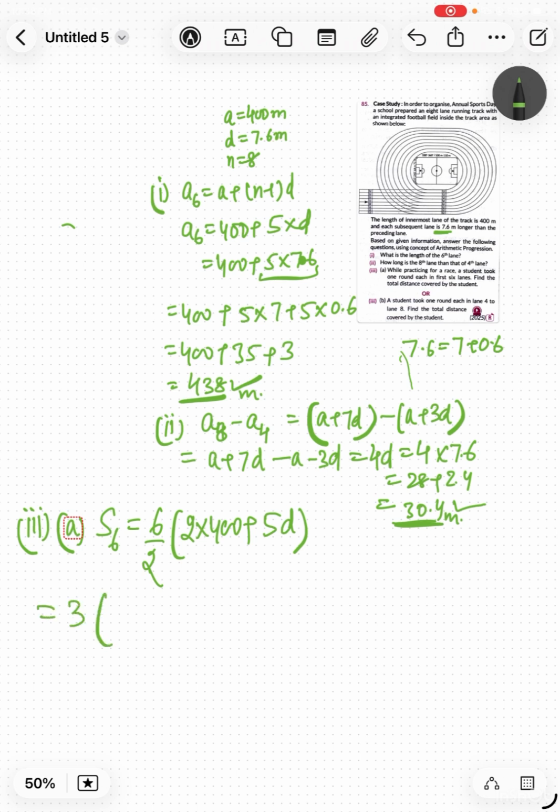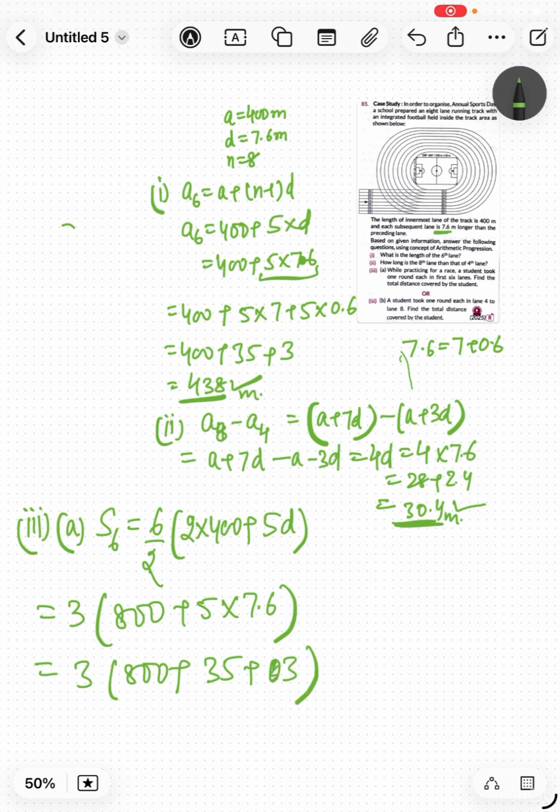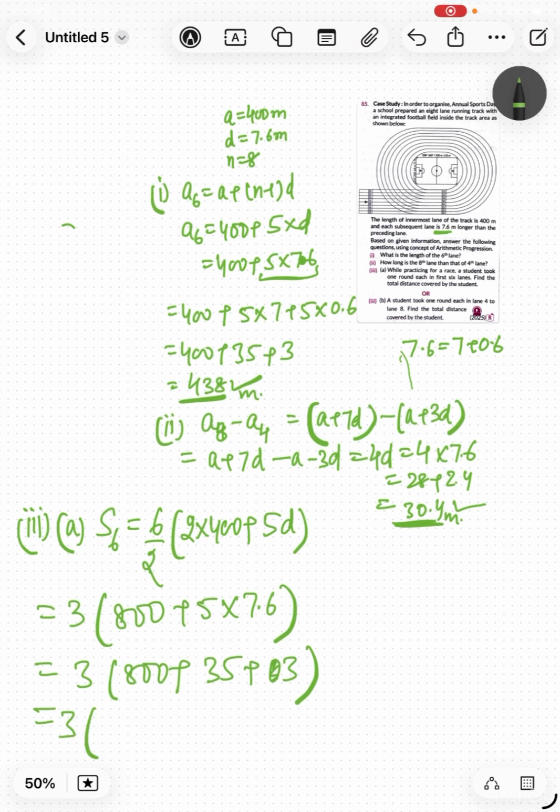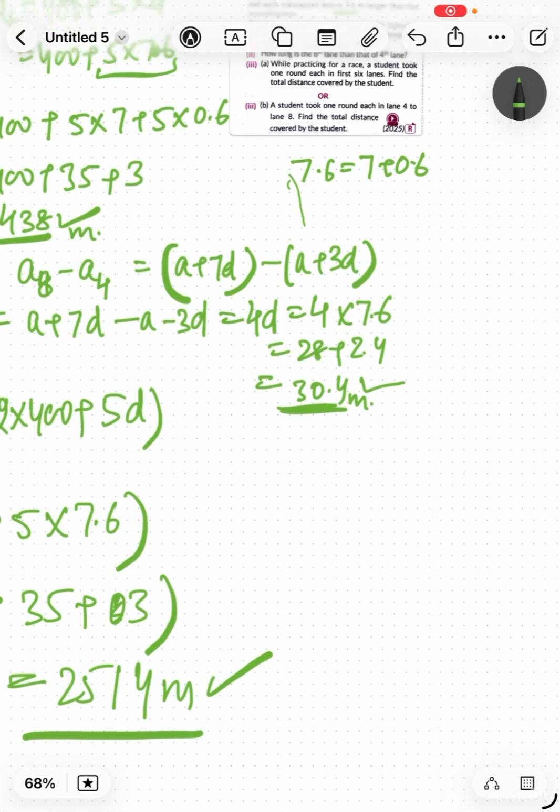So 3 into 800 plus 5 into 7.6. 3 into 800 plus 7 5s are 35 plus 3, 6 5s are 30 and 1 point, so 3.0. So this becomes 3 into 838. Now 8 3s are 24, 3 3s are 9 plus 2 is 11, 8 3s are 24, 25. 2514 meters.